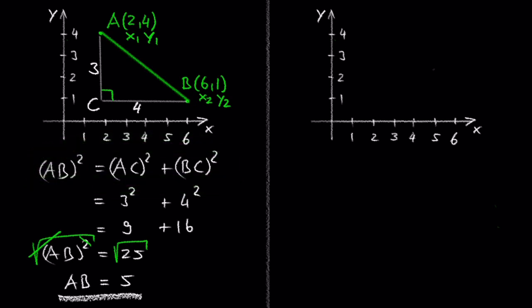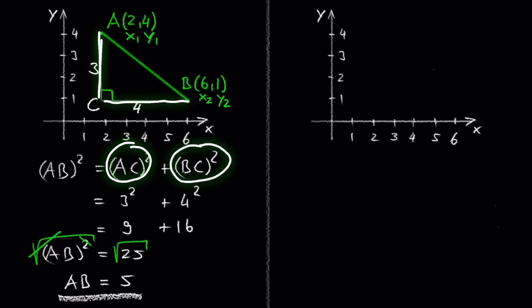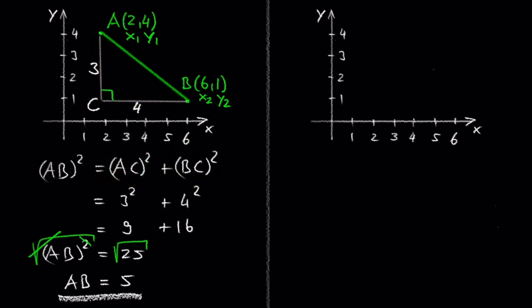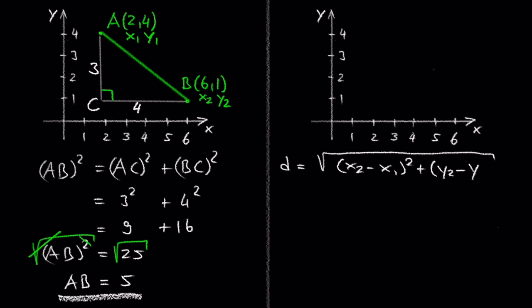So we squared this length and added it to the square of this length. After that, we took the square root, right? So the distance formula is d equals the square root of (x2 minus x1) squared plus (y2 minus y1) squared.